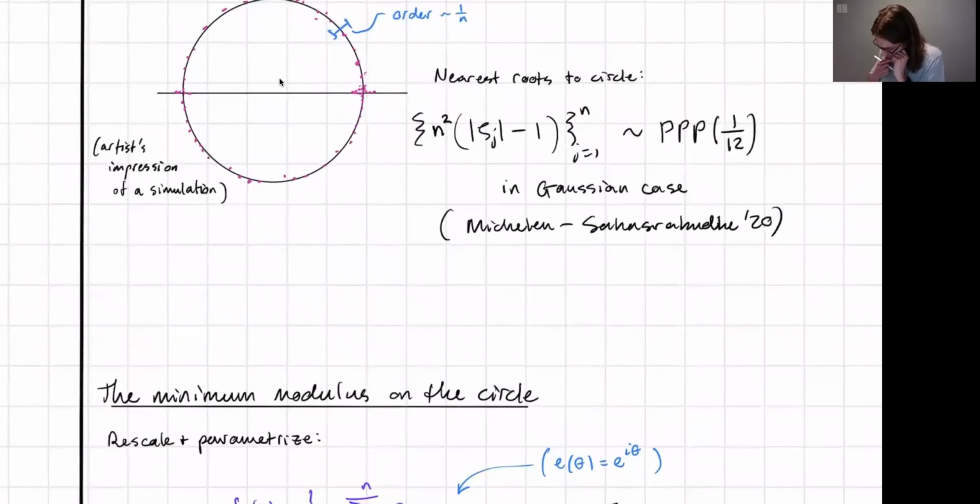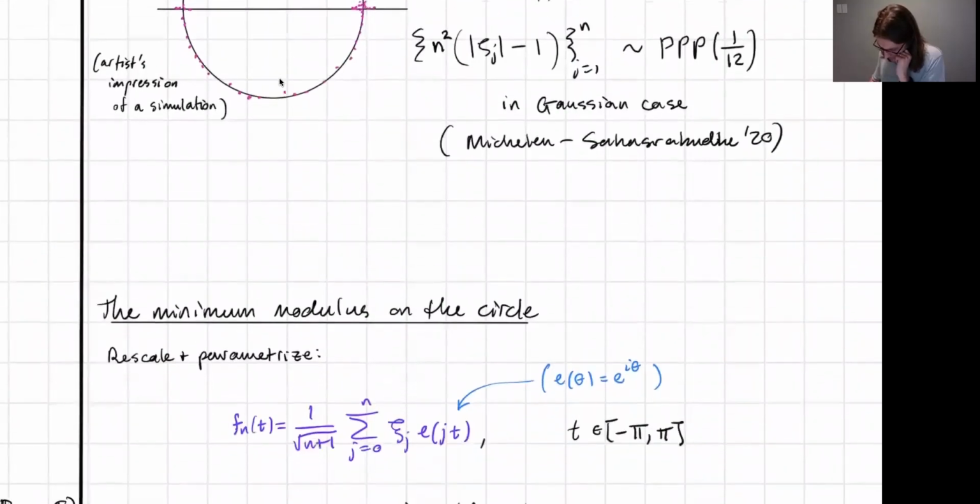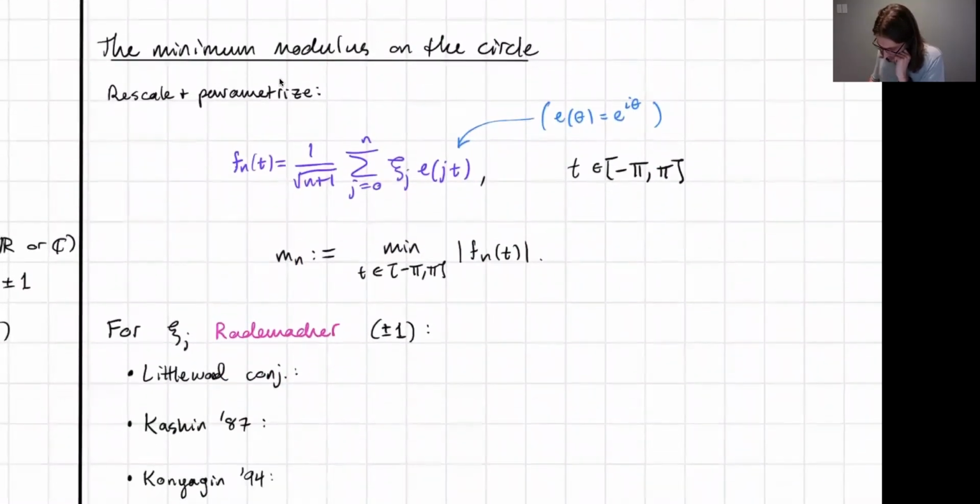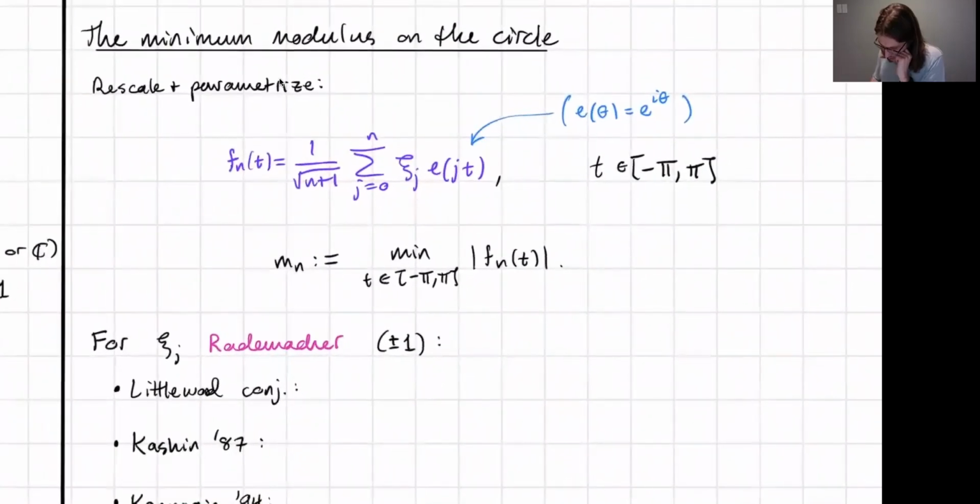Okay, so our problem is the minimum modulus. I want to rescale and reparameterize my polynomial in this way. Since we're on the unit circle, I'd rather parameterize by an interval.